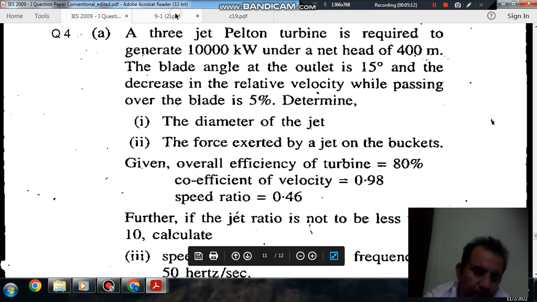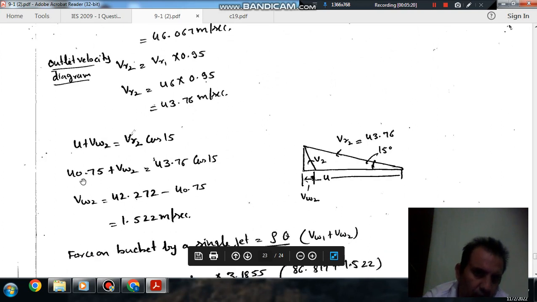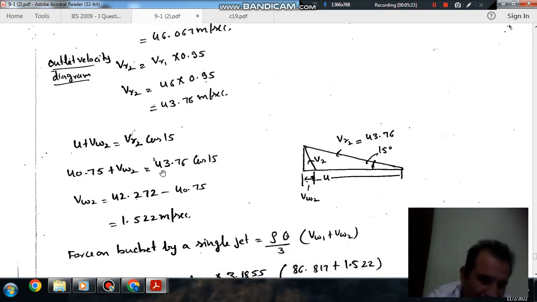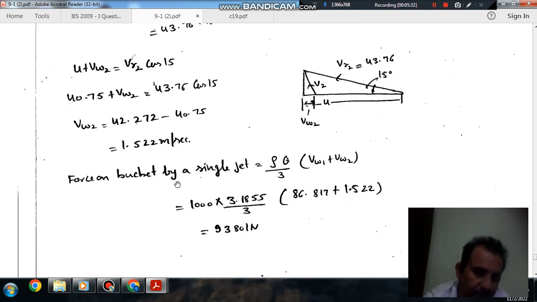From this angle and this relative velocity we have VR2 cos 15 is equal to U plus VW2. U is your 40.75 and VW2 is unknown, and VR2 is 43.76 cos 15. So VW2 is your 1.522 meter per second.